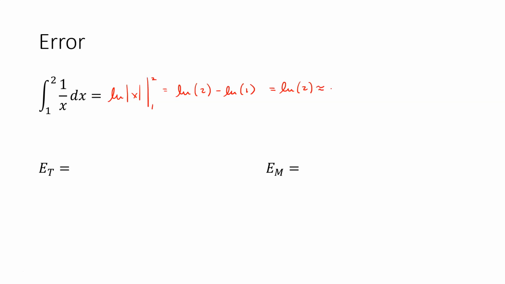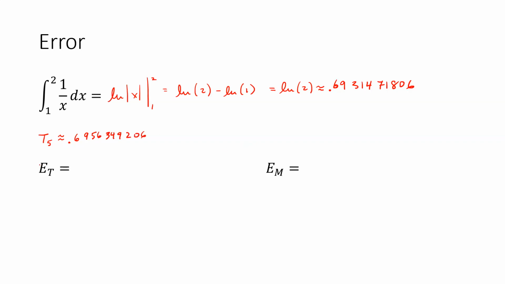Here on my calculator, I get something around 0.6931471806. And if you remember when we did the trapezoidal rule for T5, I got something around 0.6956349206.